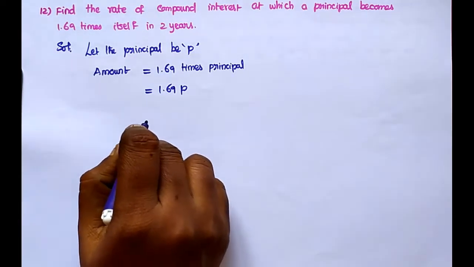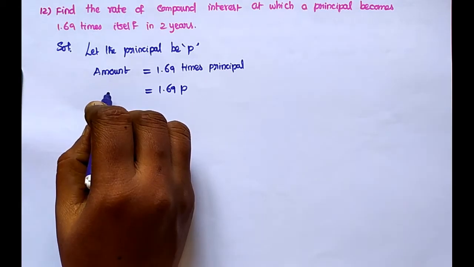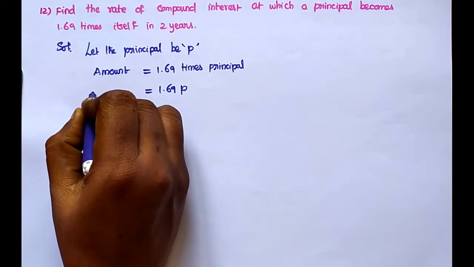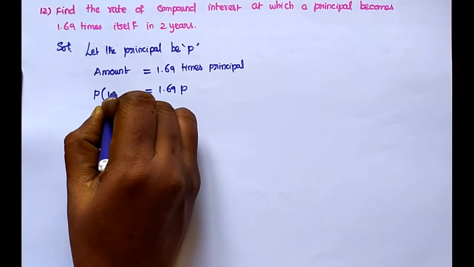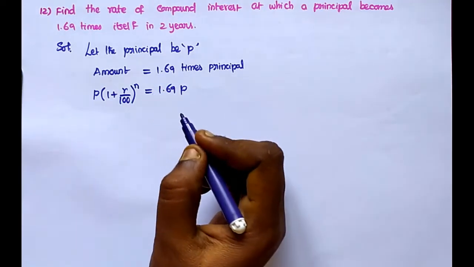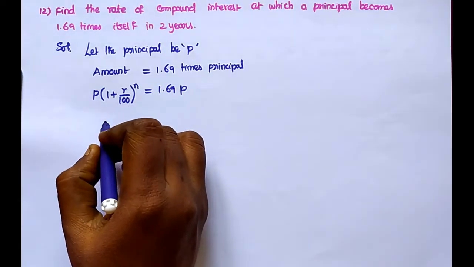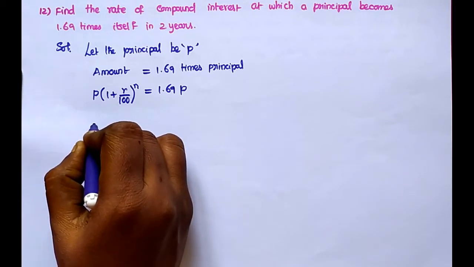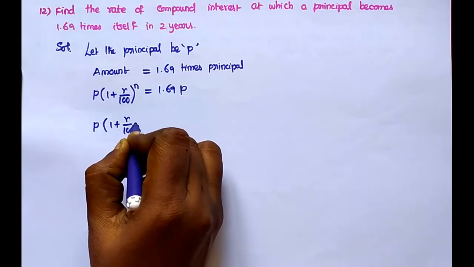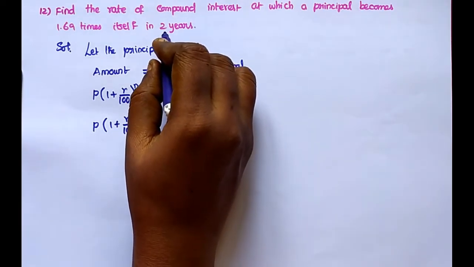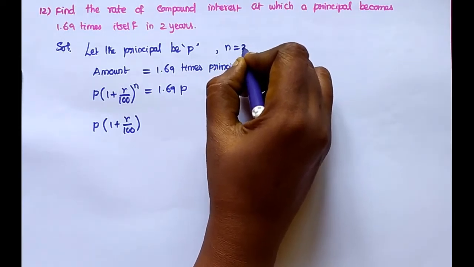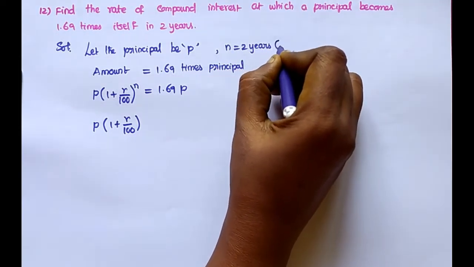Now, what is the amount? Amount means P into 1 plus R by 100 power n. P we don't know, R we don't know, and n is given, that is 2 years.